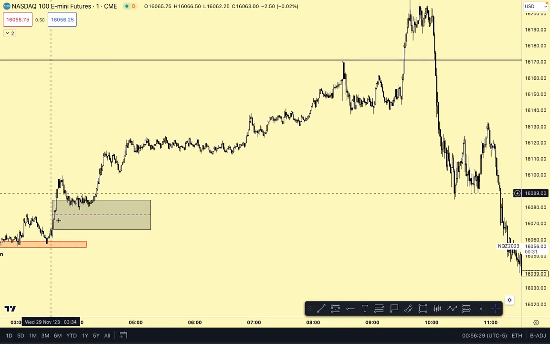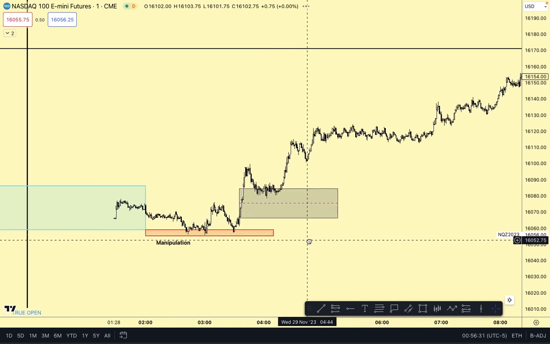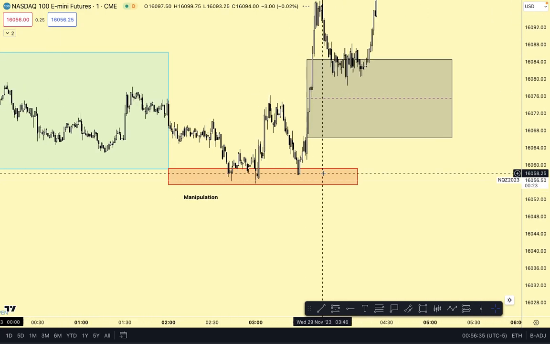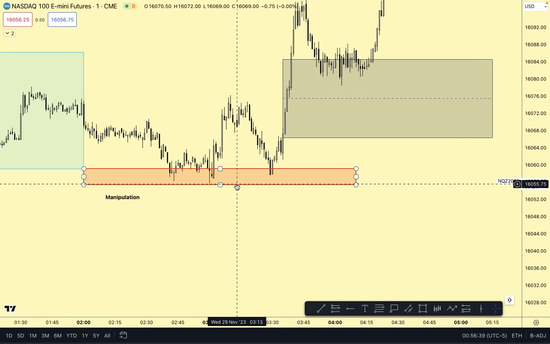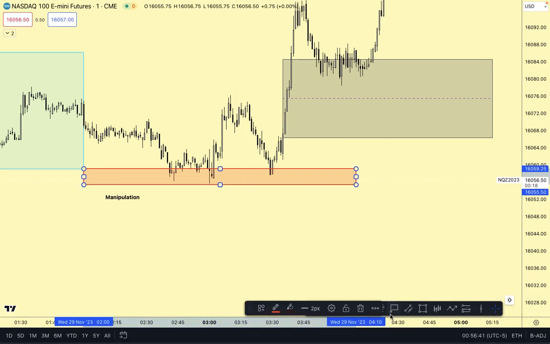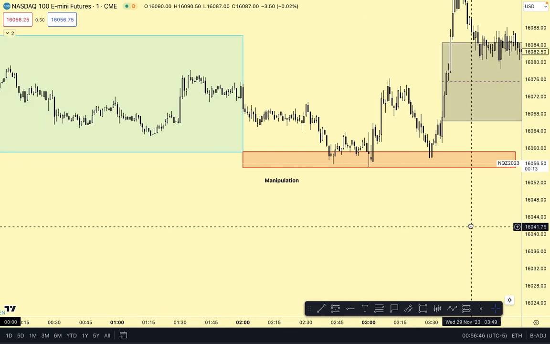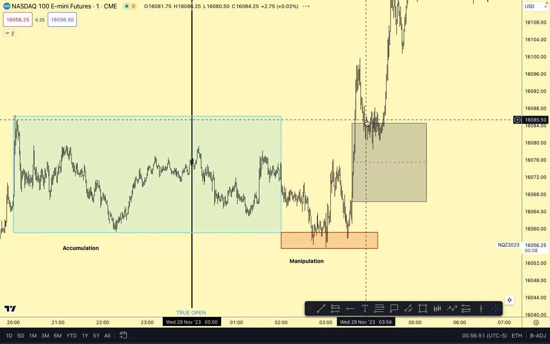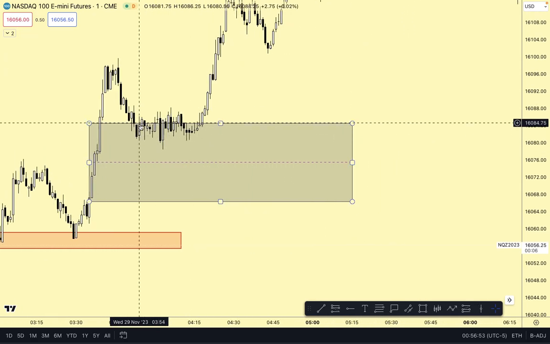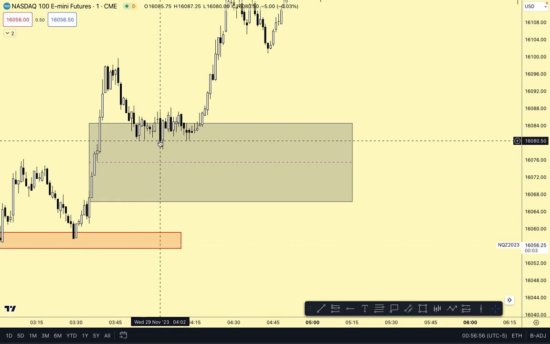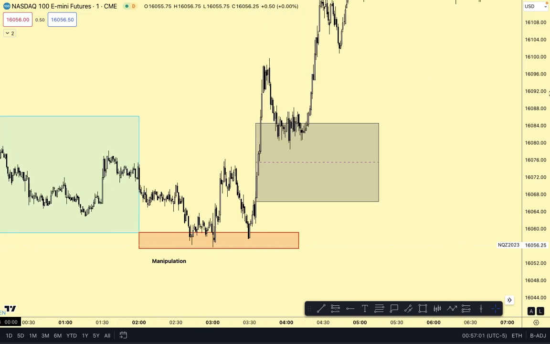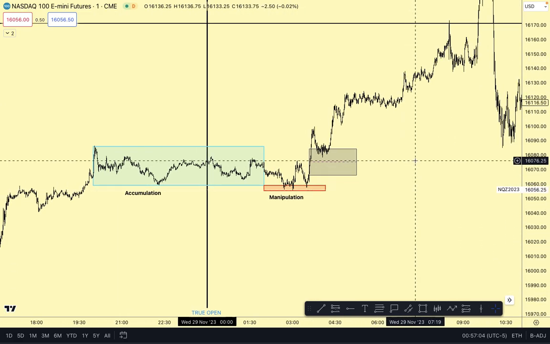So now see on the M1, just lock that in place. Took out that liquidity there, you see. Accumulate, took that out, then it started heading all the way up.